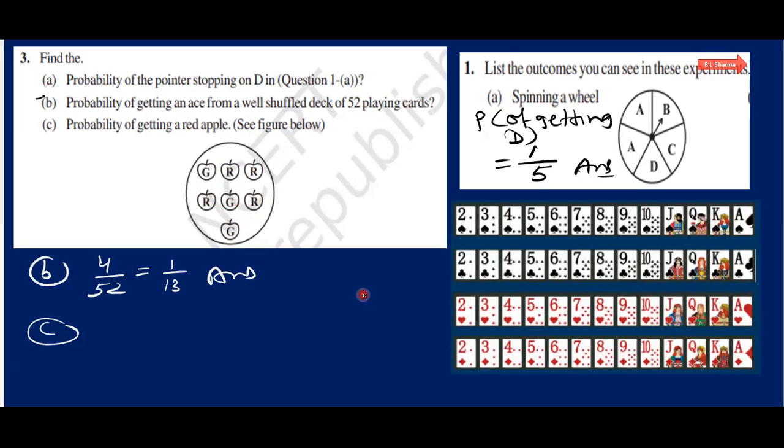So probability of getting a red apple, that is out of 7 how many? अब रेड एप्पल कितनी देखिए आप यहाँ? 1 2 3 and 4. ये 4 रेड एप्पल है आउट ऑफ 7. So what is the probability of getting a red apple? That is 4 upon 7. Answer.